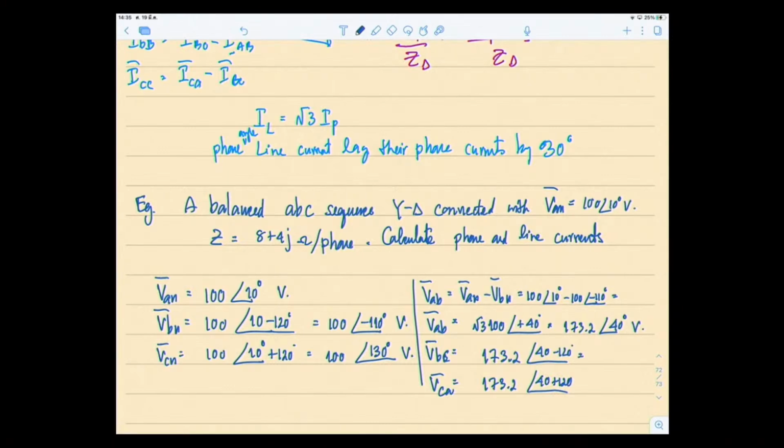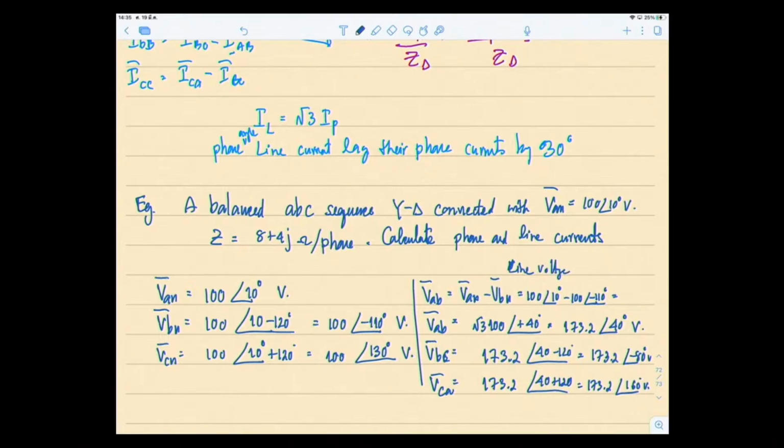So this would be minus 90 degrees volt, and this would be 150 degrees volt, like this. Okay, right? And from this Y delta case, this is your phase voltage. Okay, this is your line voltage.